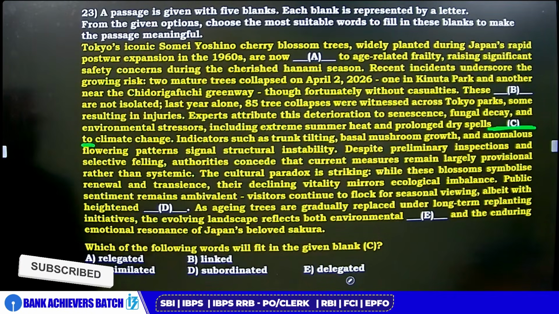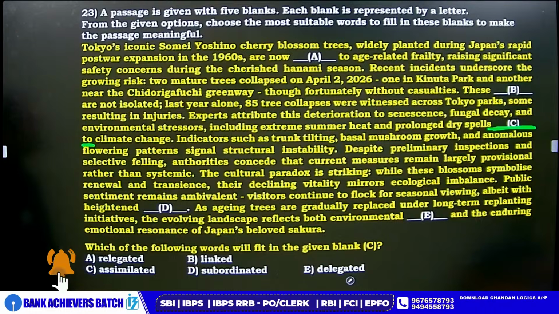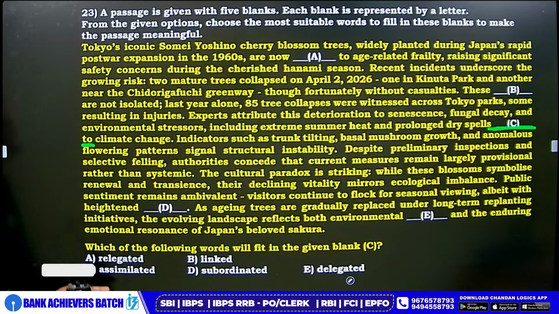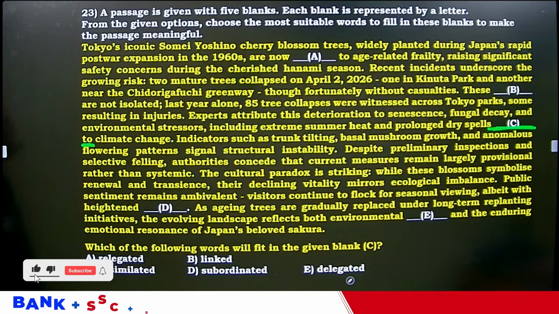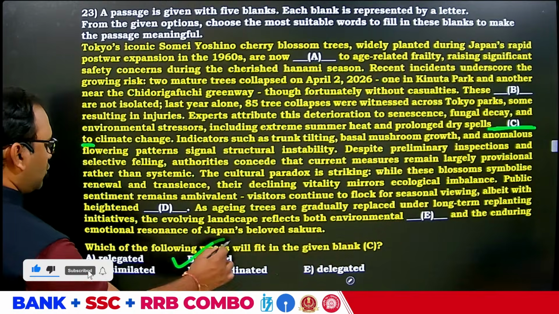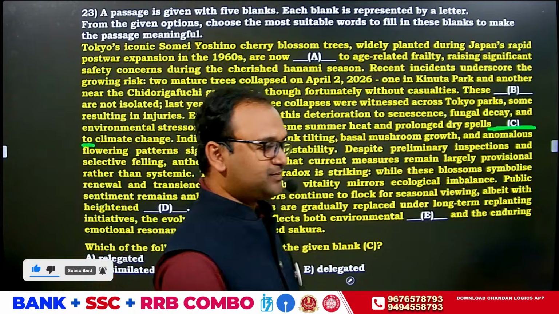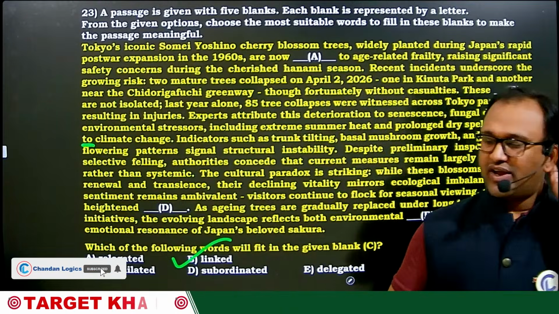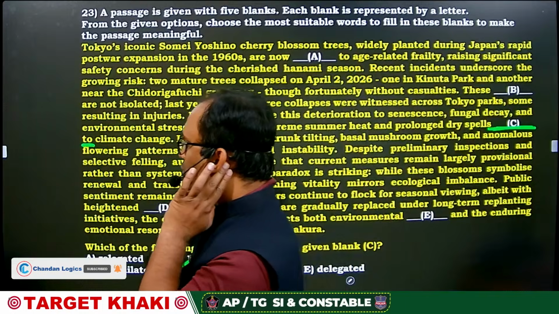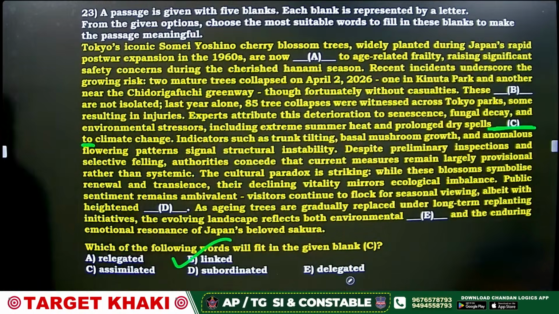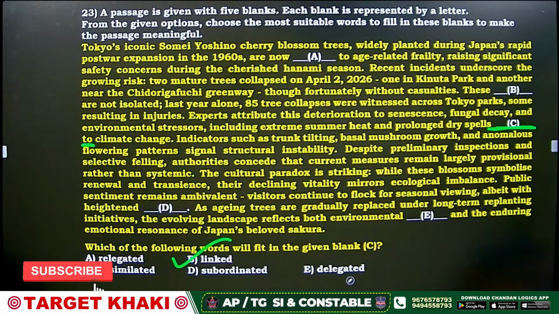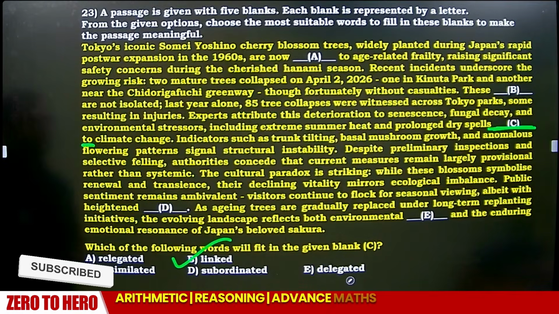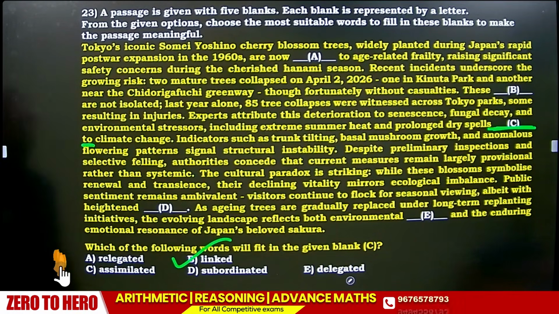Among the five options, which option is best suitable to the preposition to? Linked to. Then what are you worried about? Easy question, right? When we say linked to, easy answer. But if you want, I'll explain the other options also.